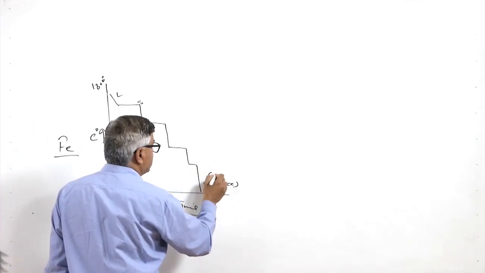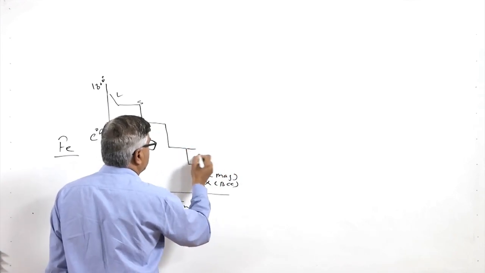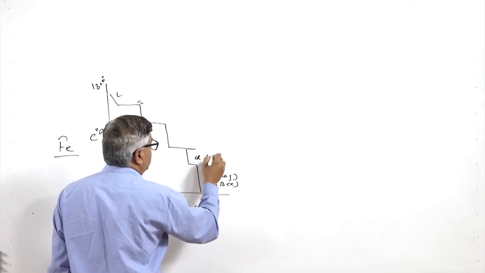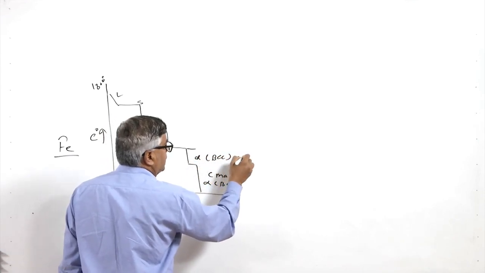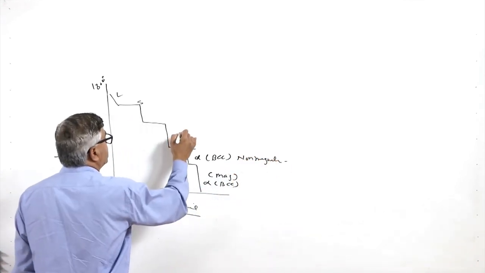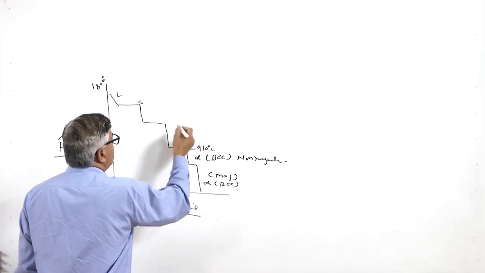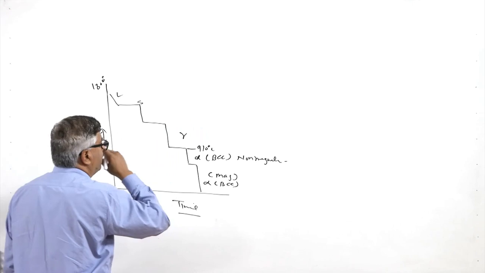Below this it is magnetic at room temperature, and in this band it is alpha, having the BCC structure as well, but it is non-magnetic. Above this it forms the gamma. This is normally 910 degree centigrade, then we have the gamma.